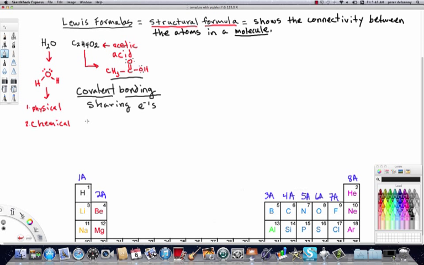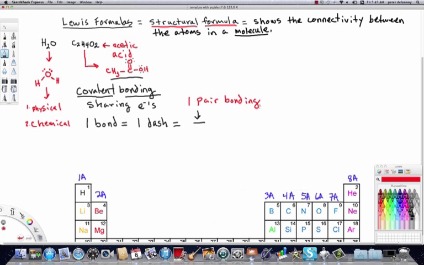So I'm going to go ahead and define right now for us that one covalent bond is going to be equal to one dash. All right, so we're using this dash to indicate one pair of bonding electrons.